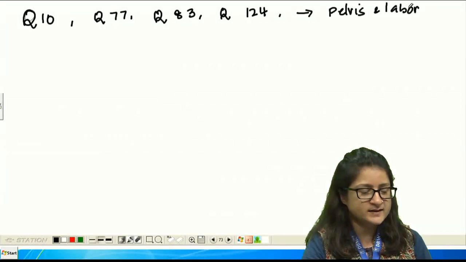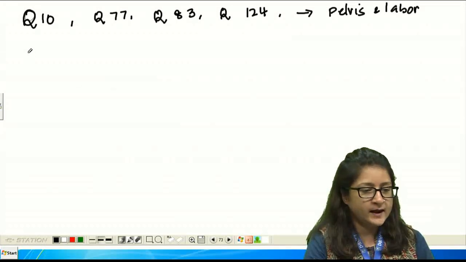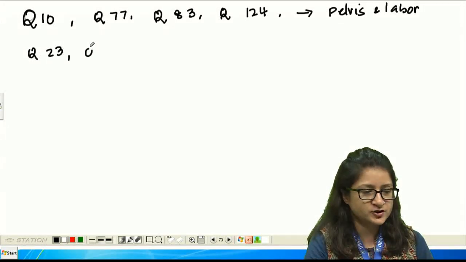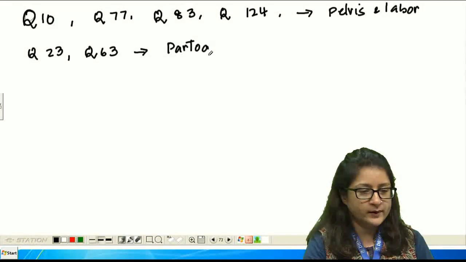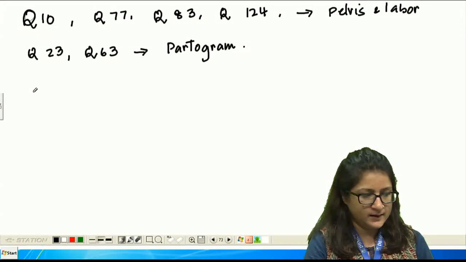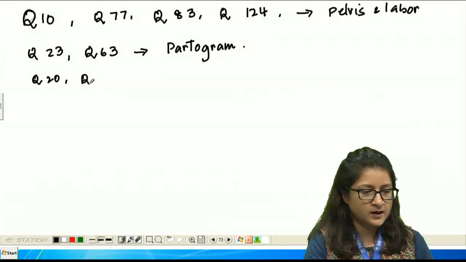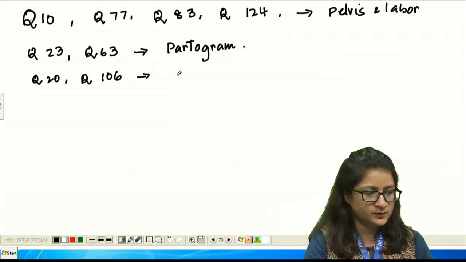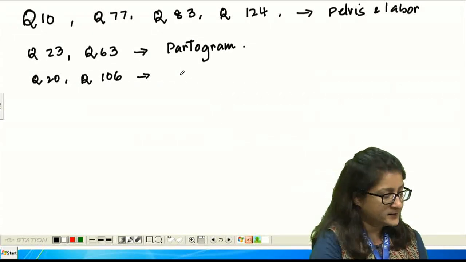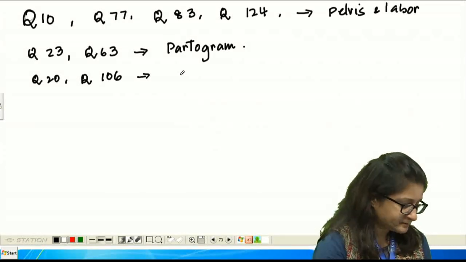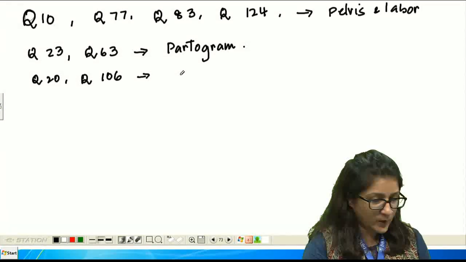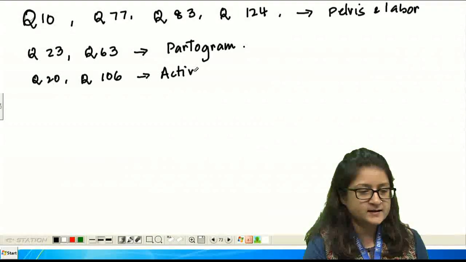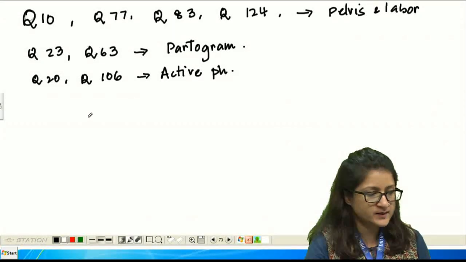In question number 23 and question number 63, we are going to deal with partogram. And question number 20 and question number 106 deal with active phase and partogram and all those things. We will deal with that.